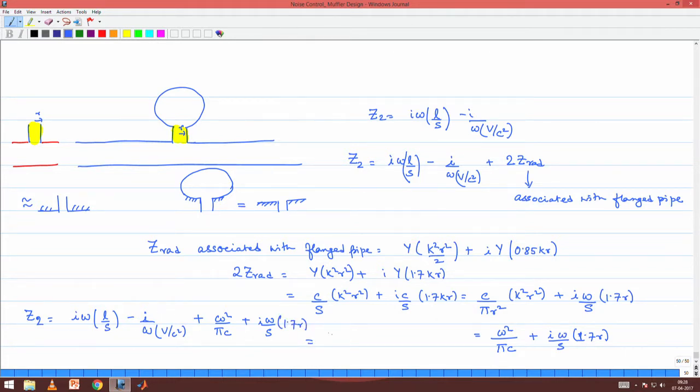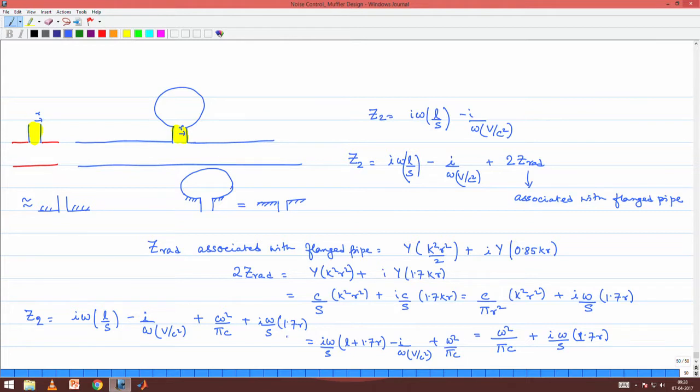And then we could collate these two terms, the first and the last two terms. If combined, it would read as follows: L plus 1.7 r minus I by omega V by C square plus omega square by pi C, right.